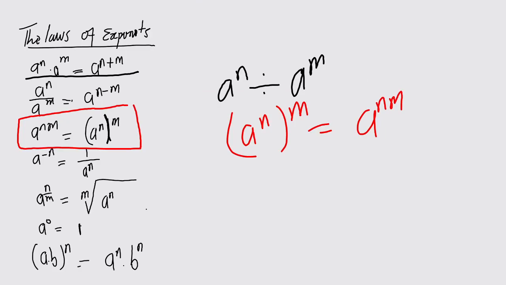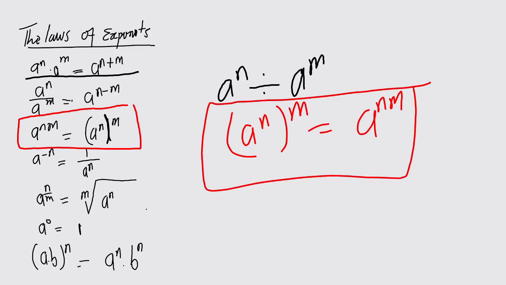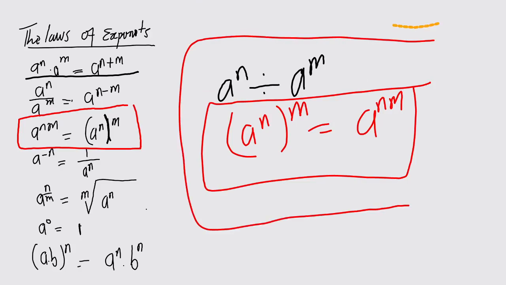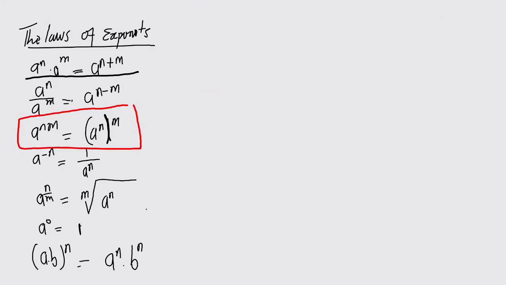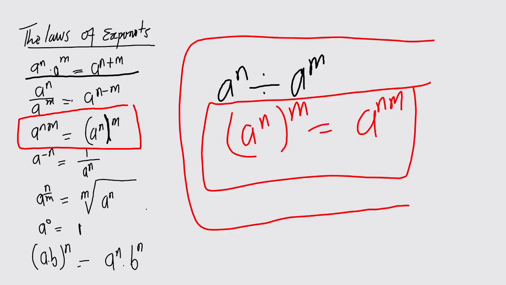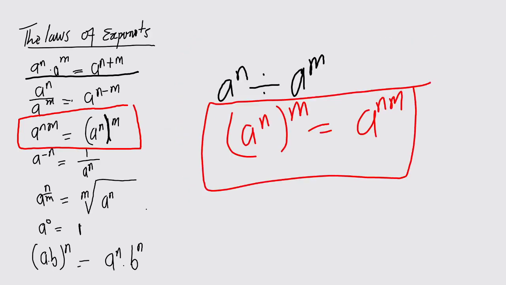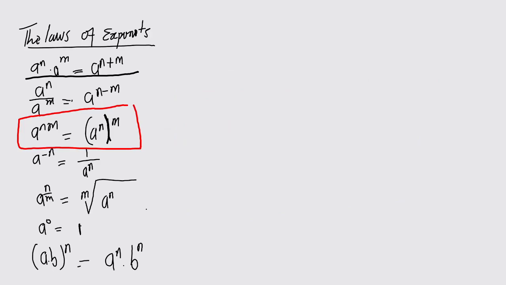These laws can be used the other way. If a n m equals brackets a n brackets m, it is the same as taking it back, like what I just did here. This is very important for you to understand.